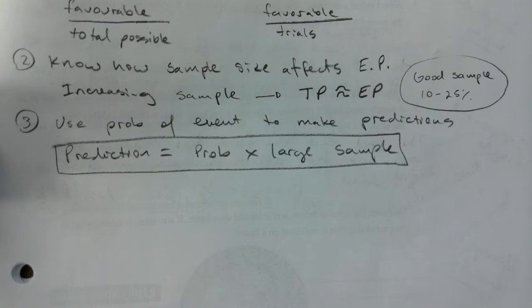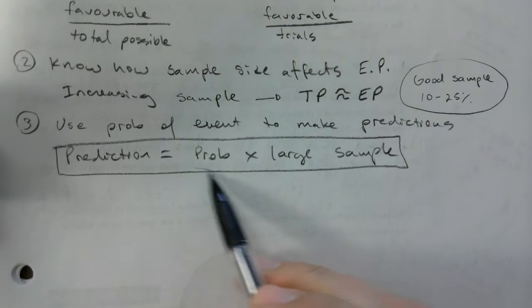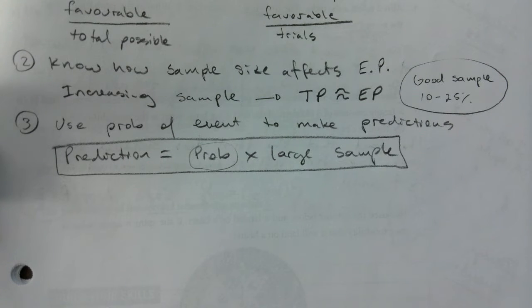And remember this, I can give you odds or probability. If it's probability, boom, you got it. If I give you odds, can you turn that into a probability? Yes, right? You can do that. So remember that.